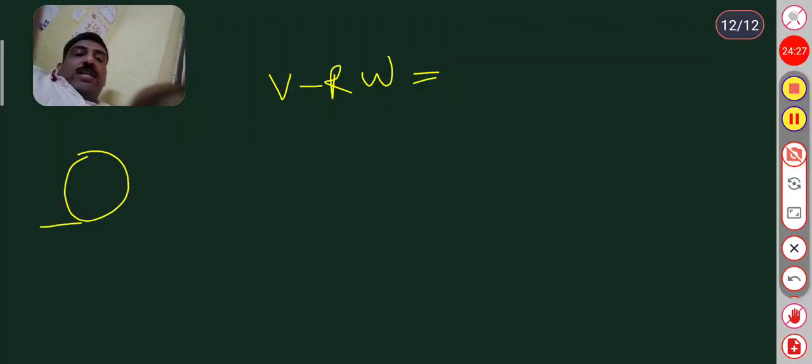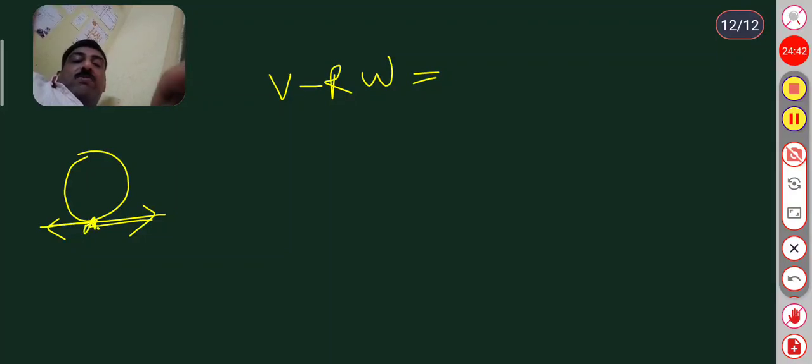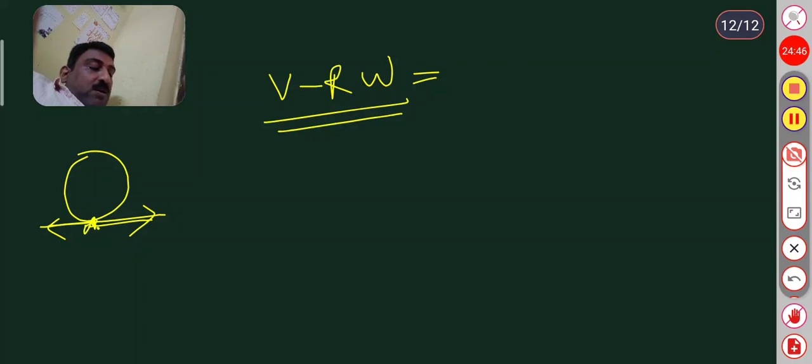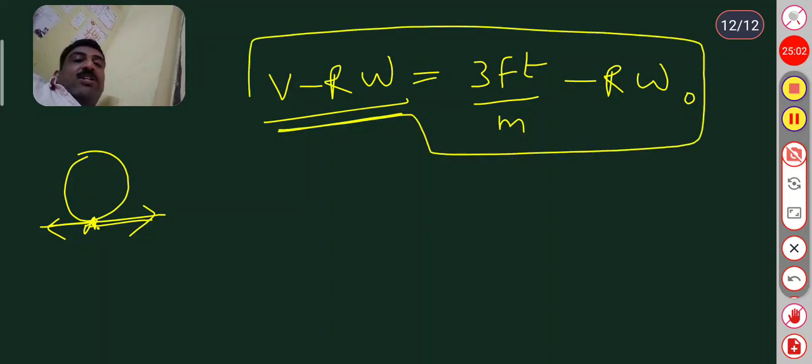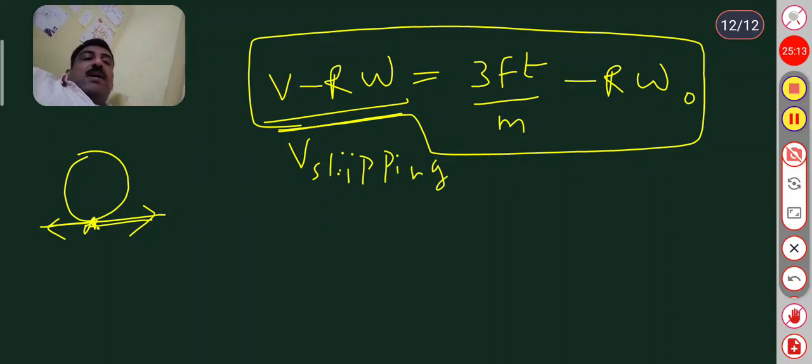Actually this point should be at rest, but now it has an effective velocity v minus r omega, which comes out to be 3 F t by m minus r into omega 0. This is the velocity of slipping.